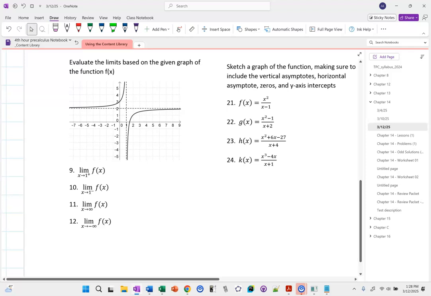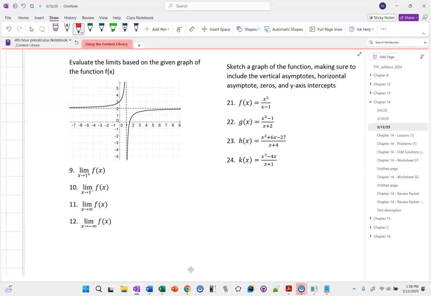Stop talking. So Valentine asked about 11. We're going to be using the graph up here to do this. To figure out which part of the graph I need to look at, I'm going to look at where the x is approaching.